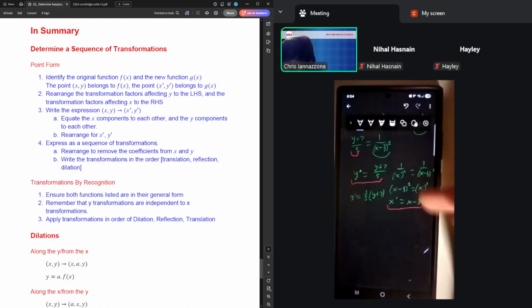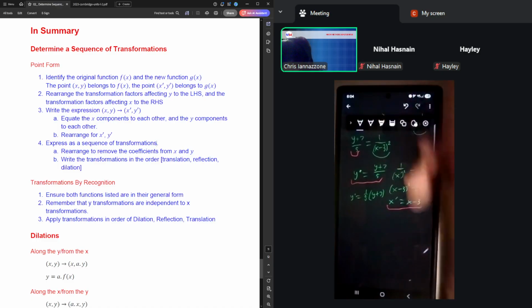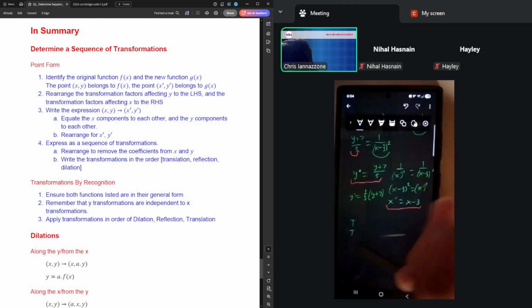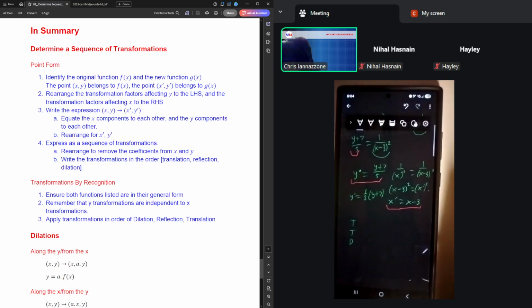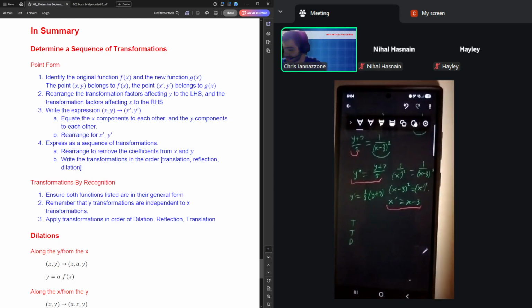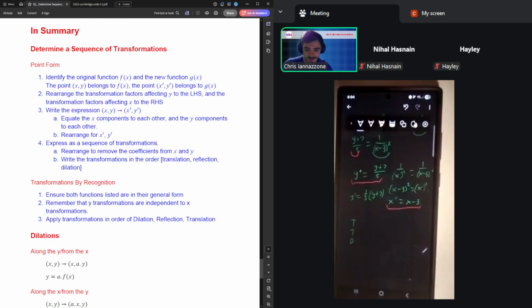So if we're doing TRD, let's take a crack at it. So we've got T, T, and a D. What are our factors? So let's try the translates first. What translate factors do we have? You can give shorthands as well, rather than using a specific language, although in the actual exam or SAC, make sure you use the specific language.